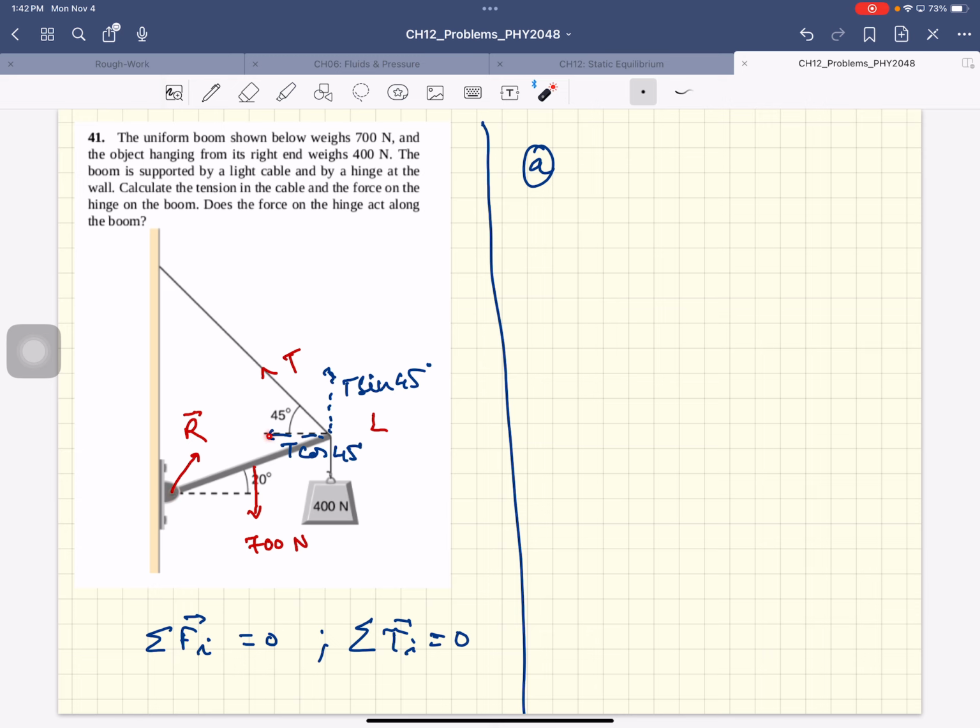But these 2 forces have that same variable. The moment arm for this guy is, what is this distance? The moment arm for that is the length L, and that is L sine 20. This is L sine 20. And this distance is L cosine 20.